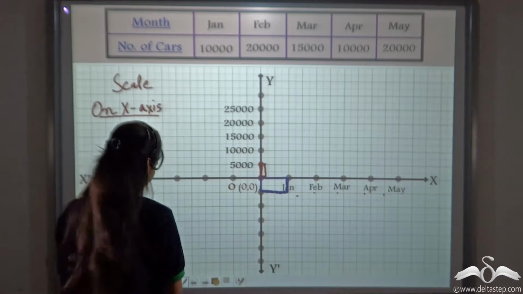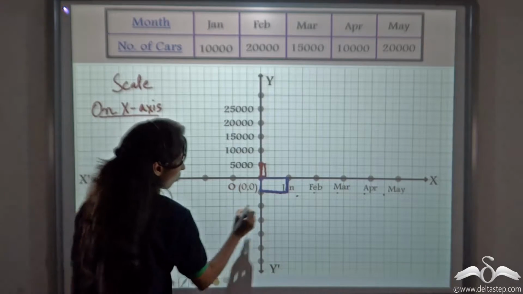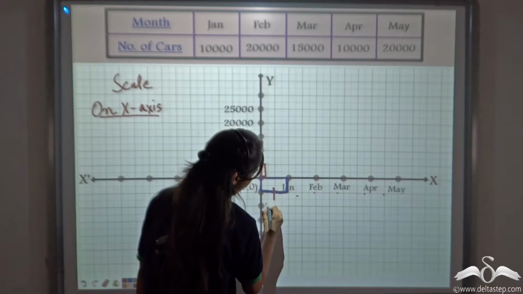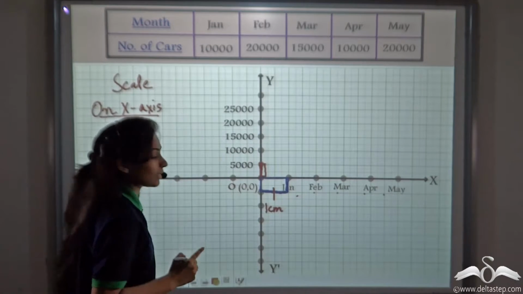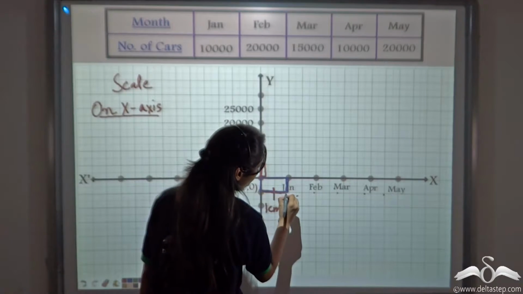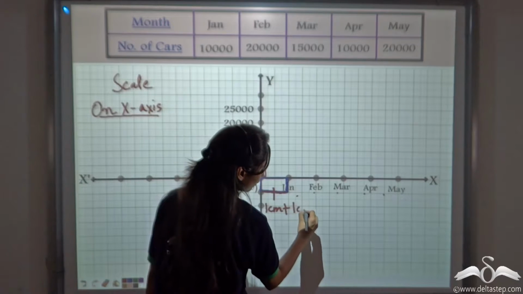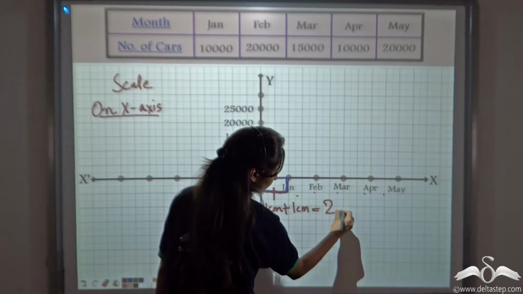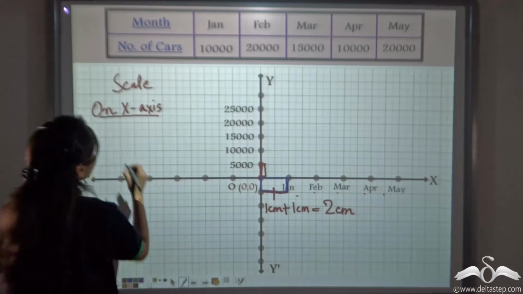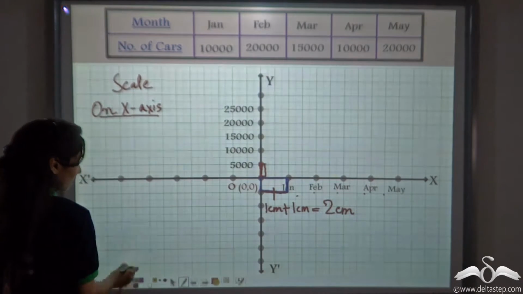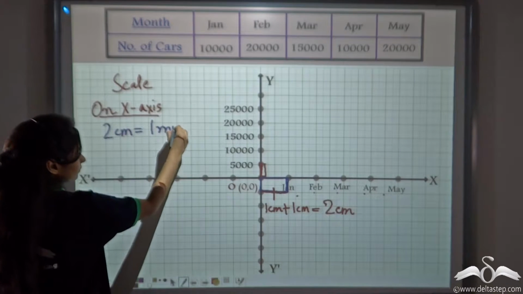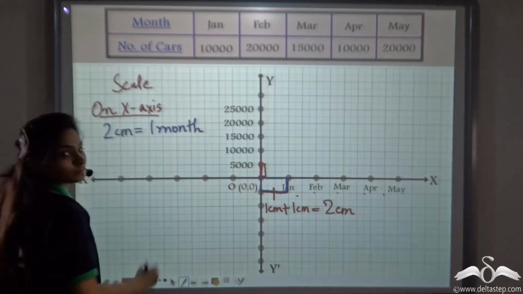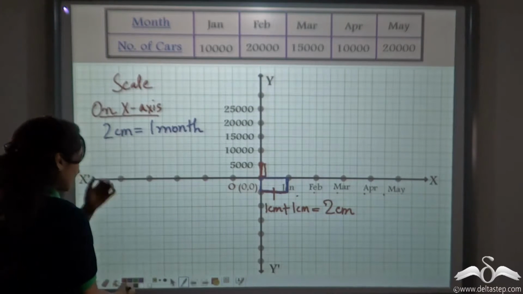Now 1 box is equal to 1 centimeter. Here we have taken 2 boxes. So how many centimeters do we have? 2 centimeters. So we'll write on x-axis we are having 2 centimeters as 1 month. What about y-axis?